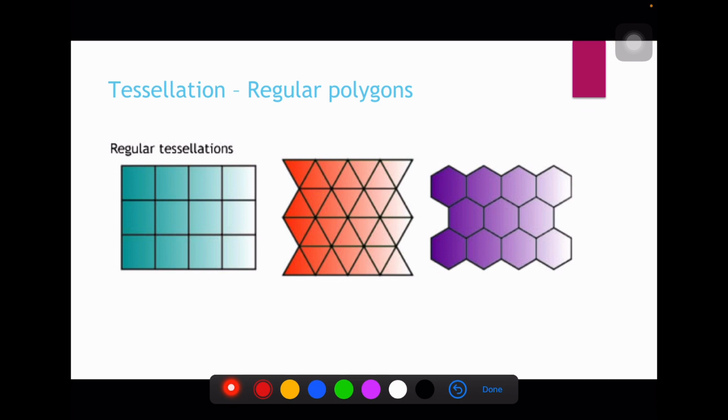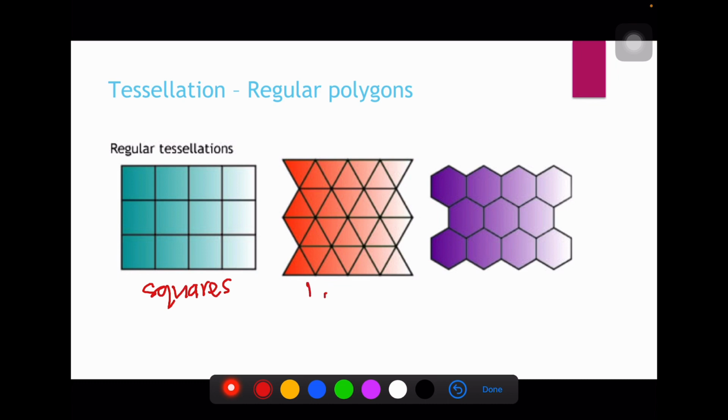Okay, let's have a look at these regular tessellations. These are all squares put together side by side, and no gaps.